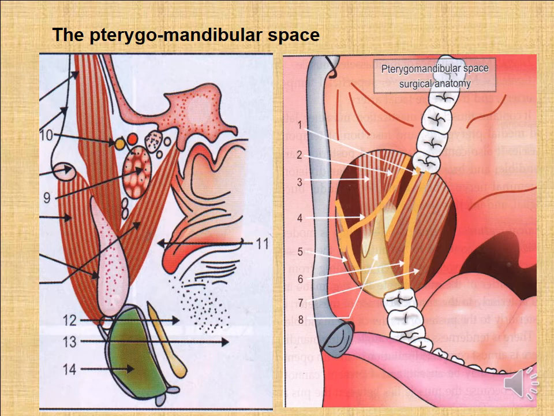Inside there is the pterygomandibular raphe, containing the inferior alveolar nerve, the lingual nerve, the inferior alveolar artery, and the inferior alveolar vein. You must imagine this area before doing any inferior alveolar nerve block.